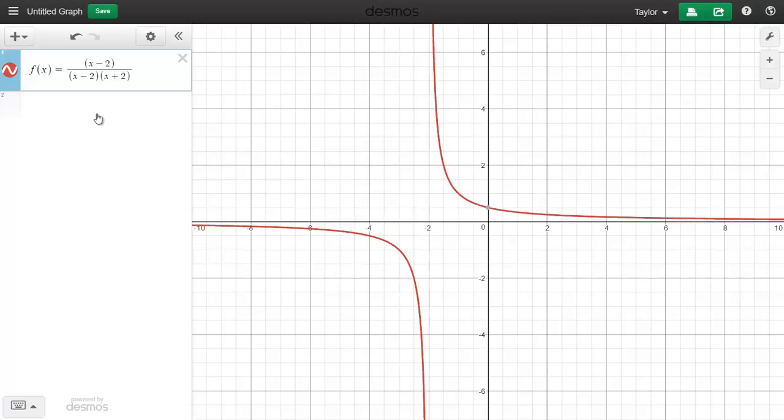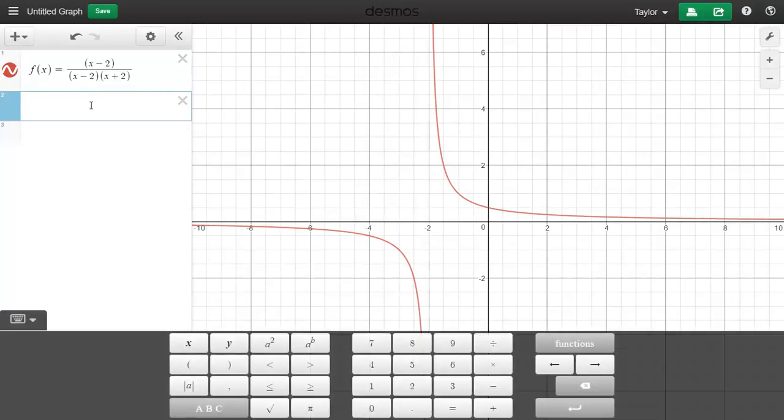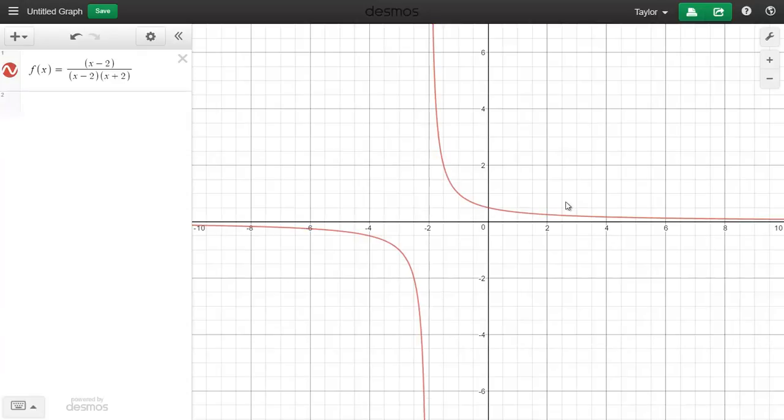But when we cancel that off, when we divide it off, we're left with the expression 1 divided by x plus 2, which is the exact same curve, but it's defined at x equal positive 2. Now, I said exact same. It's exactly the same except for that one discontinuity.